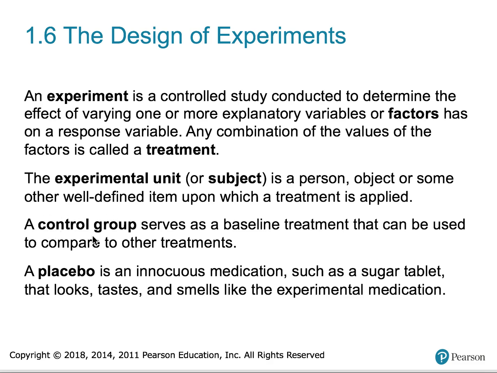A control group serves as a baseline treatment that can be used to compare to other treatments. And a placebo is an innocuous medication, such as a sugar tablet, that looks and tastes and smells like the experimental medication. In an experiment, it's important that each group be treated the same way. It's also important that individuals do not adjust their behavior because of the treatment that they're receiving.